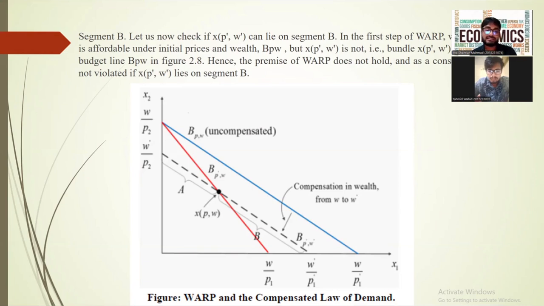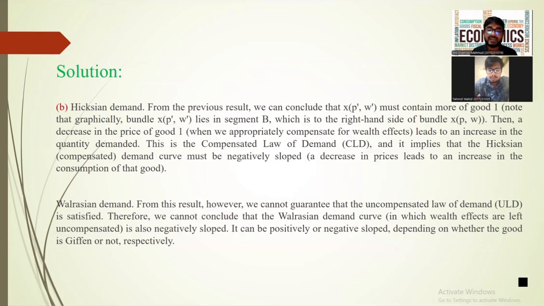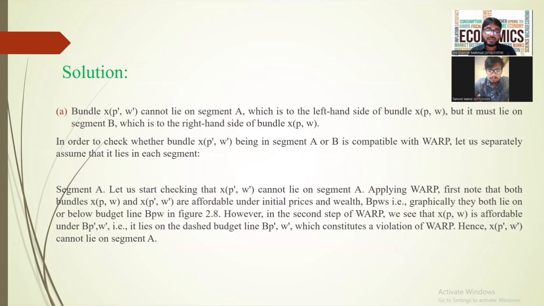If we try to summarize all of this, we explored the relationship between the weak axiom of revealed preference and CLD by analyzing the placement of our new consumption bundle.